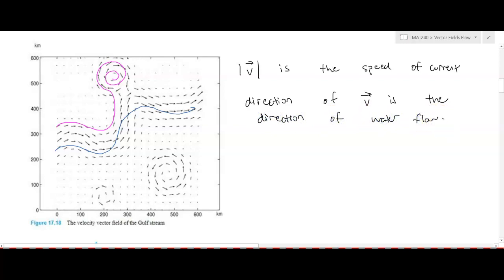So if you always think about this in a very intuitive way and think, if I were to drop a feather into this current somewhere, where would it go? Then you get the right idea behind vector fields and how vector fields work.